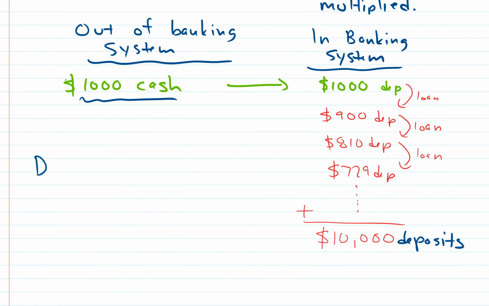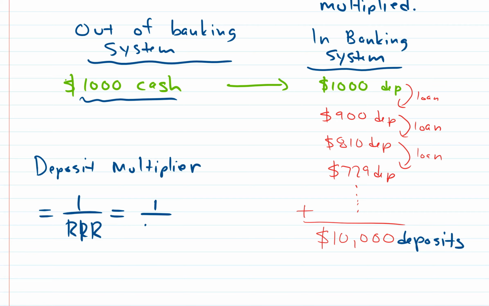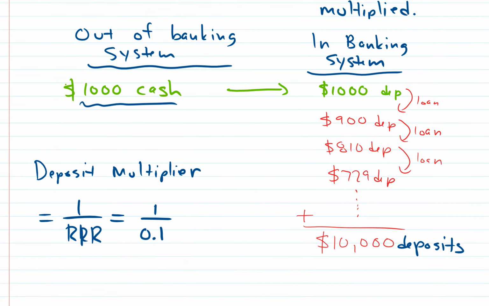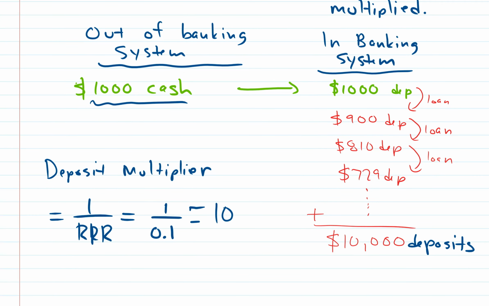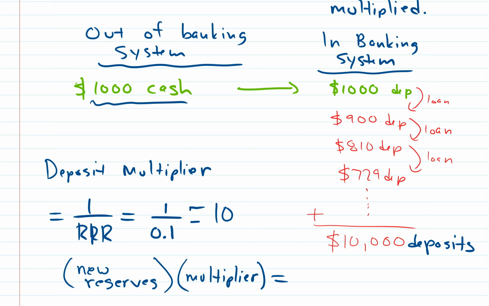There's actually something called the deposit multiplier, and this is equal to 1 over our required reserve ratio. In our case, this was 10% because we're required to keep 10% of our deposits in reserve, so the multiplier is going to be 10. What that tells us is, if we know how much new reserves we have, new reserves times the multiplier is going to tell us the change in total deposits.